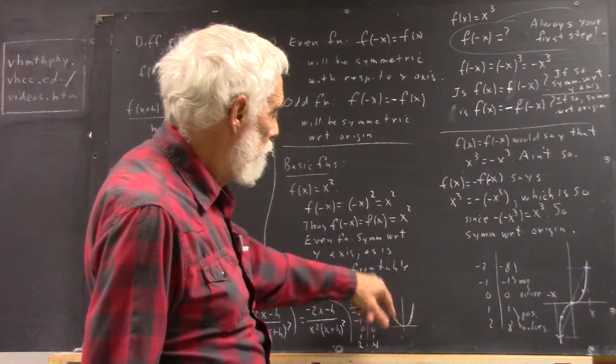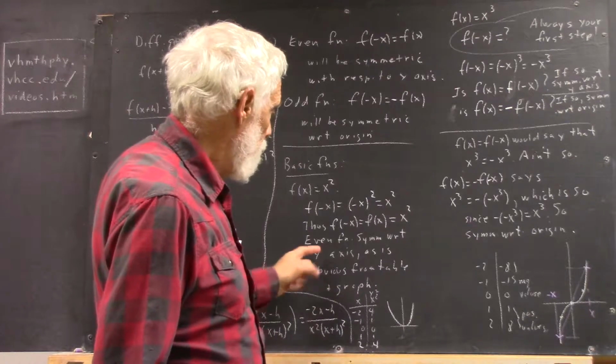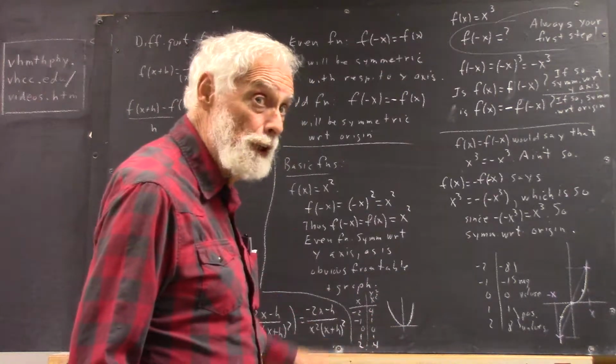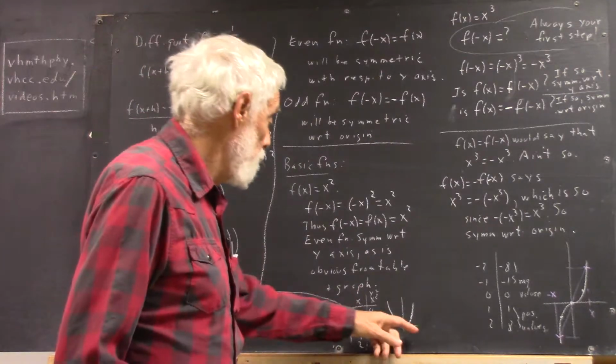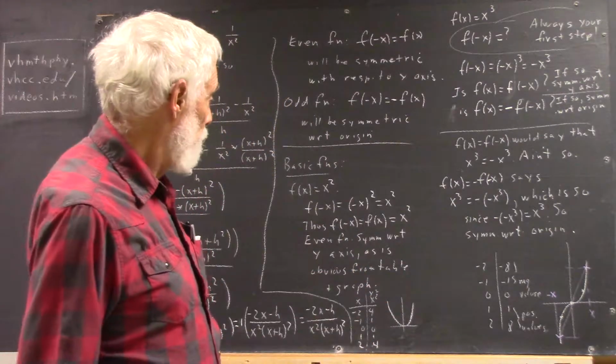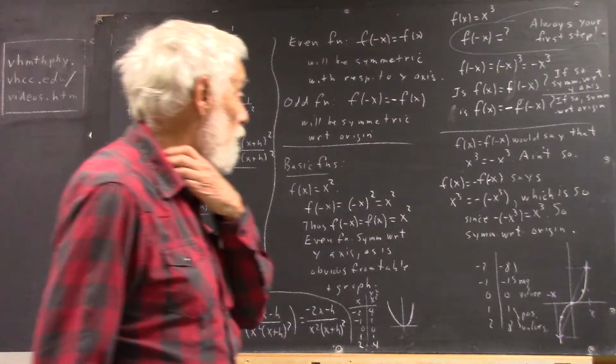And the graph is clearly symmetric with respect to the y-axis. Since we're intimately familiar with this table and this graph, we should fully understand that symmetry and how this test validates the symmetry.